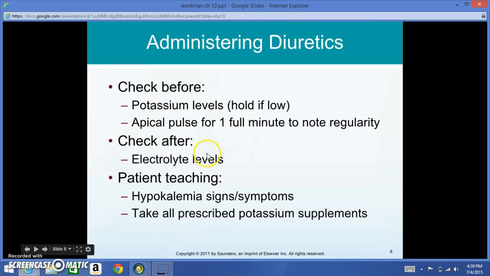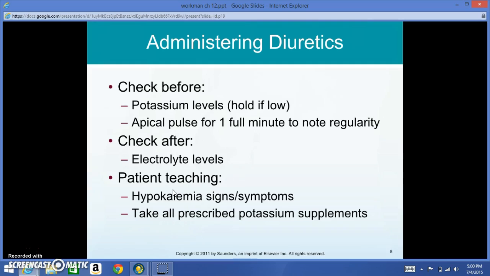And also check electrolyte levels. And again, the same things that you are watching out for as a nurse, you want to teach your patients to look out for themselves. You just want to explain it to them in layman's terms. Teach them about signs and symptoms of hypokalemia. You yourself need to know that first, and then you need to explain that to your patients.